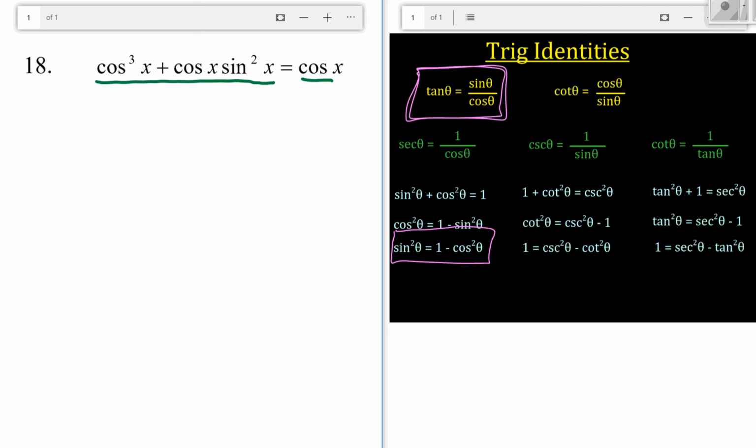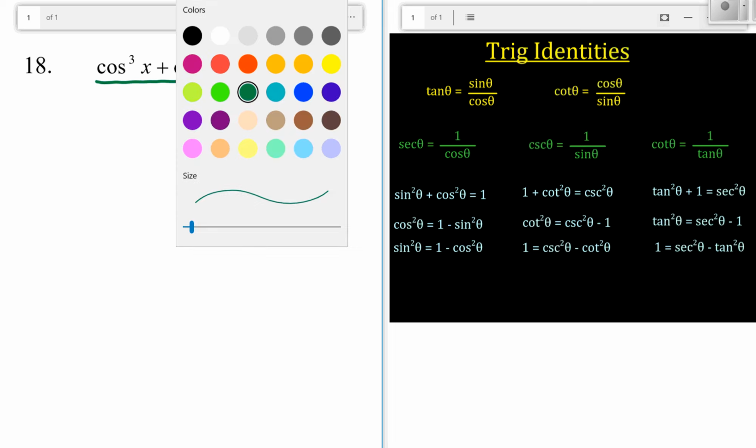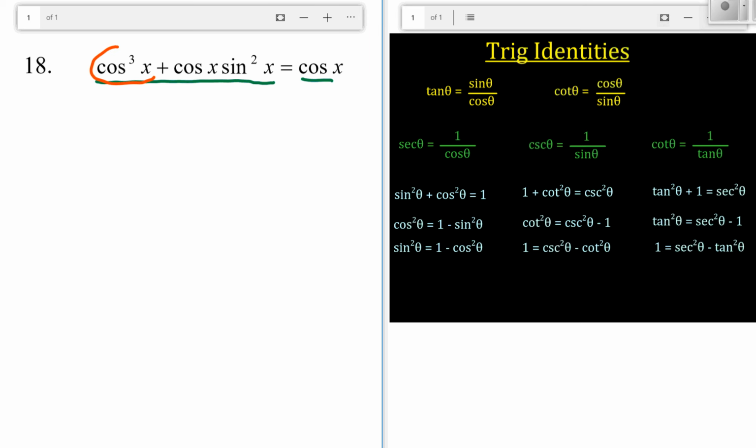One thing I notice is I see it cubed and squared, so I could be using some of the Pythagorean identities. But what sticks out to me is I see a cosine x plus a cosine x times sine squared x, so I can factor out a cosine x out of both of these terms.